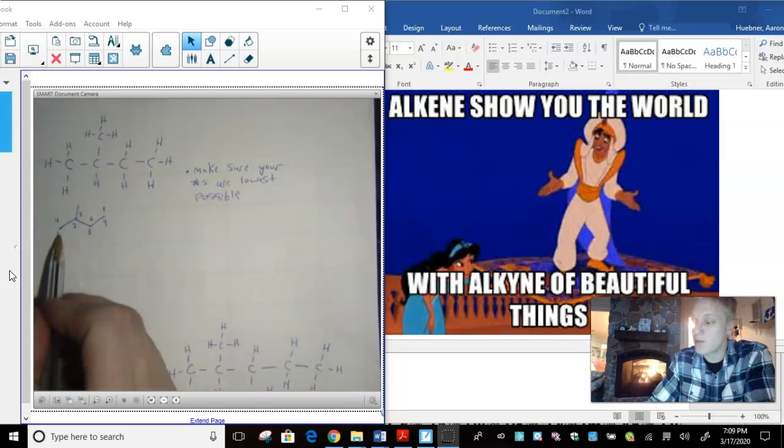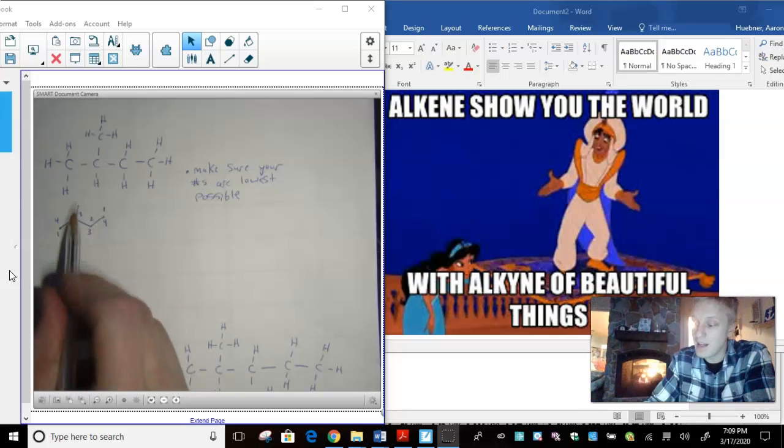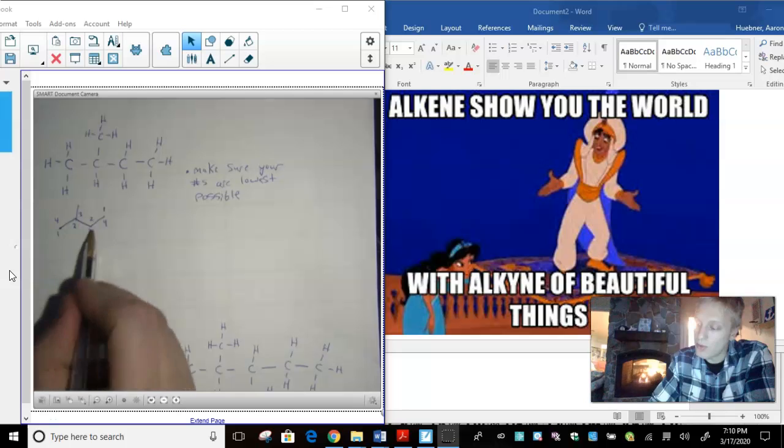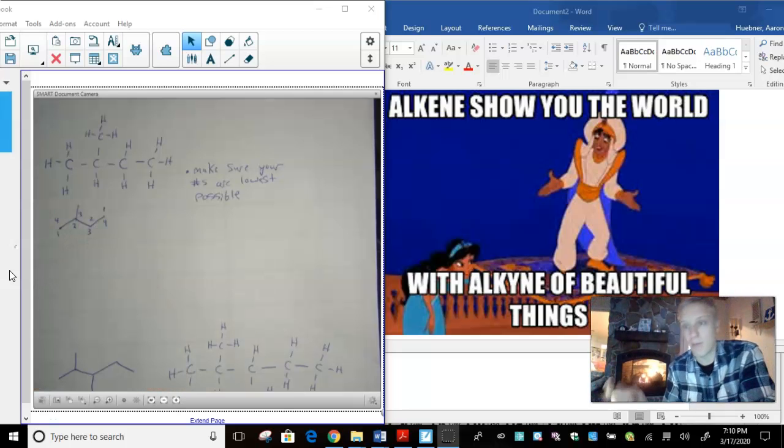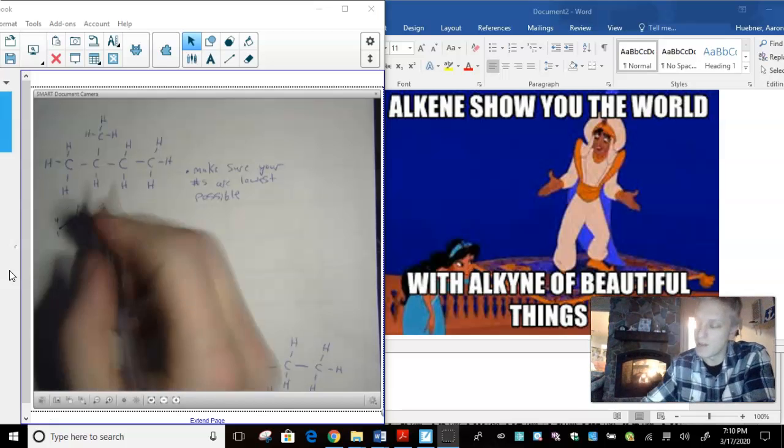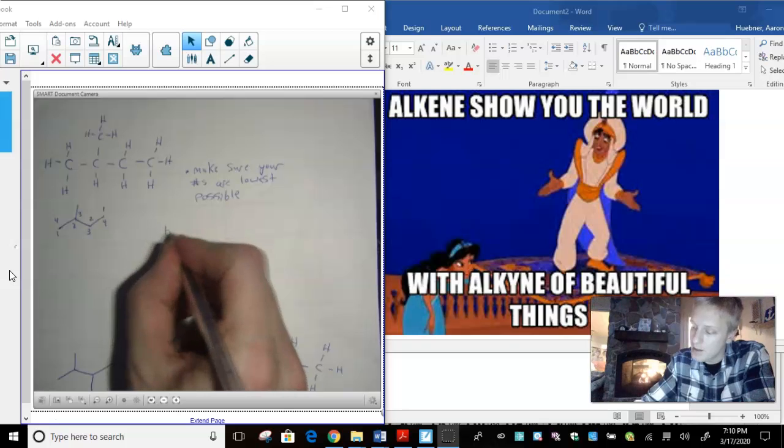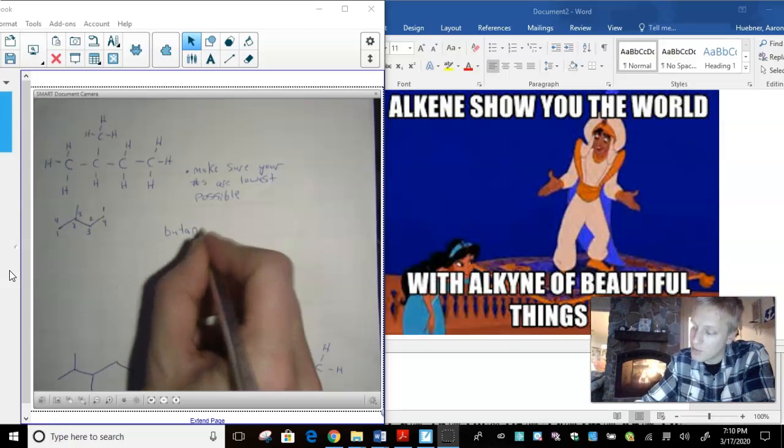That means this side chain is going to be a 2. I'm going to count left to right because that's lower than right to left being a 3. So this is 1, 2, 3, 4. I have to remember 1 carbon is meth, 2 carbons eth, 3 carbons prop, 4 carbons but. So this is a butane. That is my ending, butane.